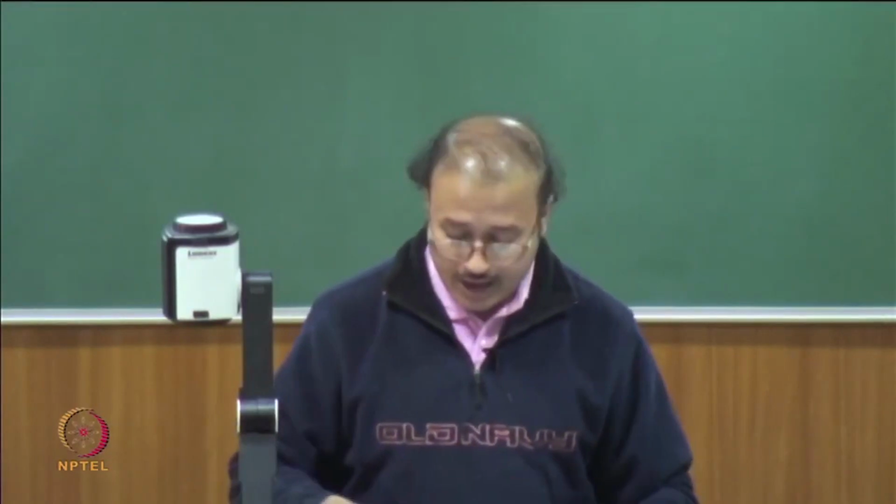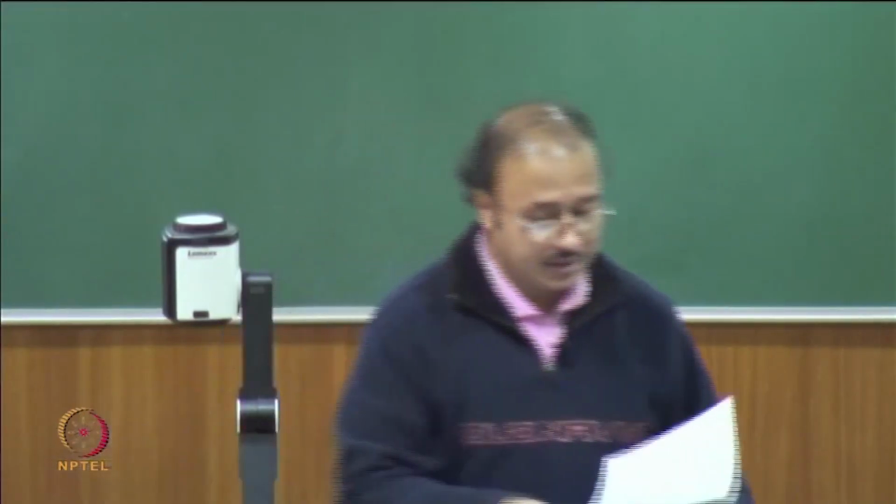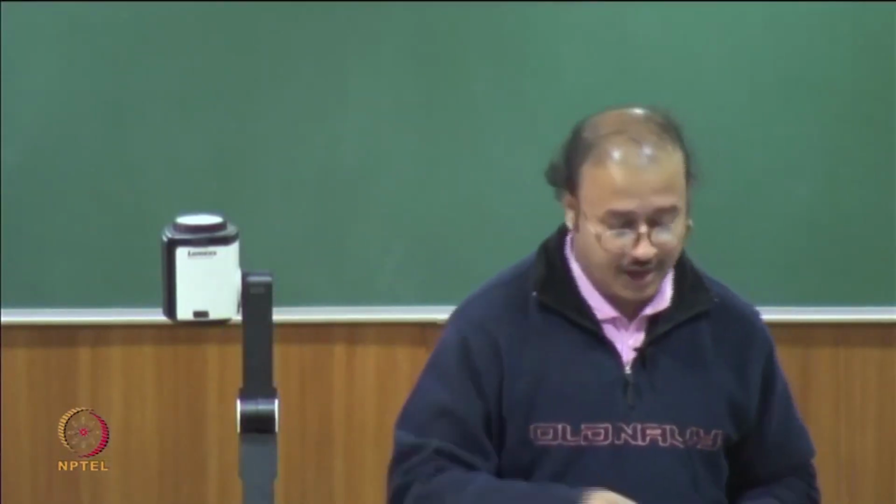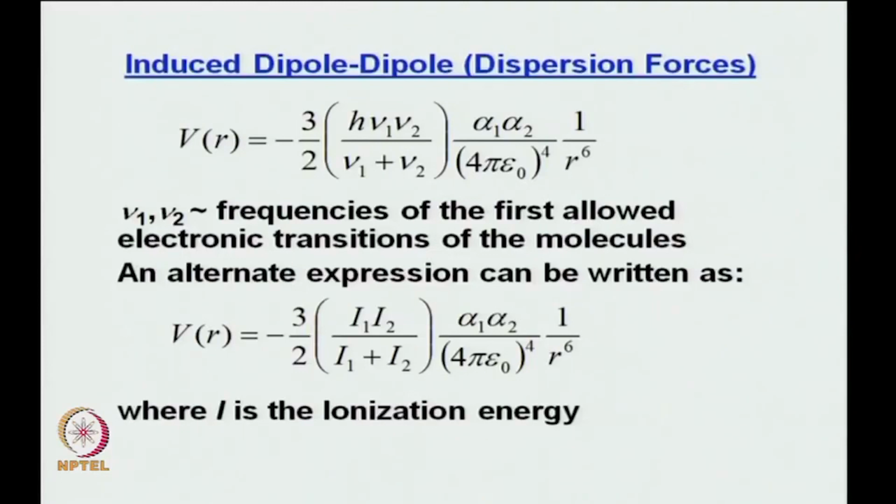If we go back to the slides, here V of r is equal to minus 3 by 2 h nu 1 nu 2 over nu 1 plus nu 2. Then look at this term, we have alpha 1 alpha 2, which is essentially like alpha A and alpha B. And you see the distance dependence is r to the power 6.